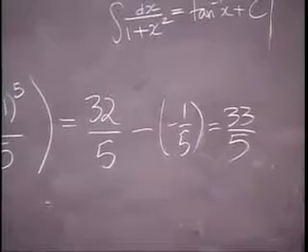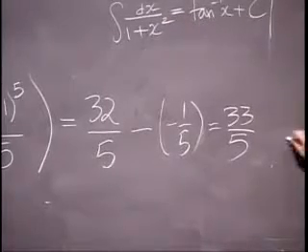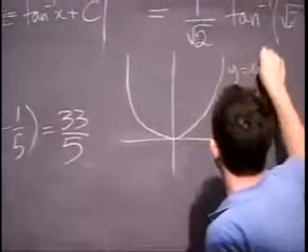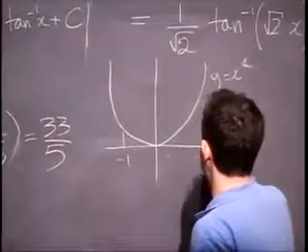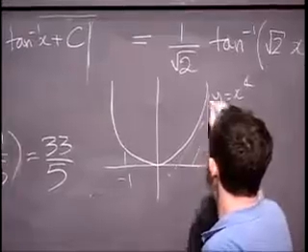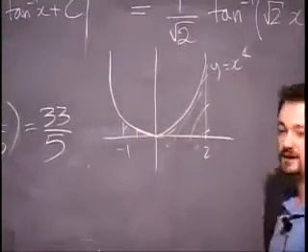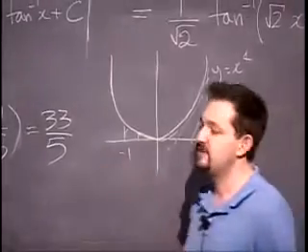And so that's actually the area under the curve y equals x to the 4th, between minus 1 and 2. We didn't even need to draw the graph. We didn't need to do a single geometrical calculation at all to find an area.